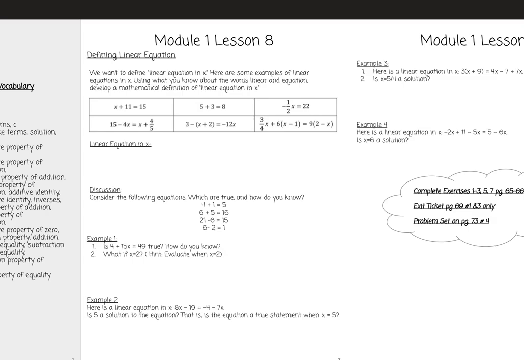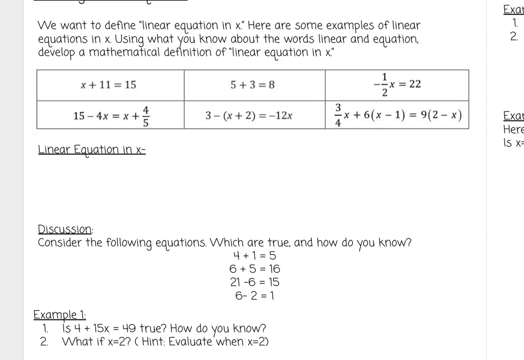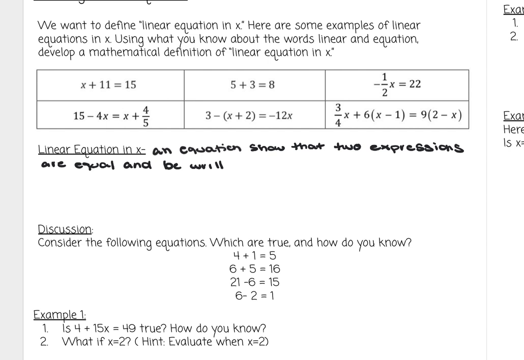Looking at linear equation in x, we can say that a linear equation is an equation showing that two expressions are equal and can be written in terms of x.